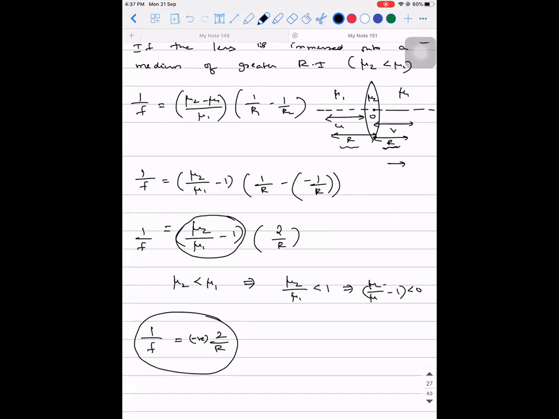Is there any doubt in the steps? No, sir. Okay. So negative of 2 by r means what does it mean? Tell me one thing. If I talk about a convex lens, does it have positive focal length or negative focal length?